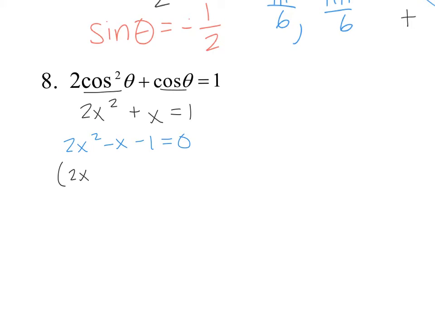You can factor by grouping. So I'm going to have 2x minus 1, x plus 1. This is how it factors. So this means that x equals 1/2 and x equals negative 1.